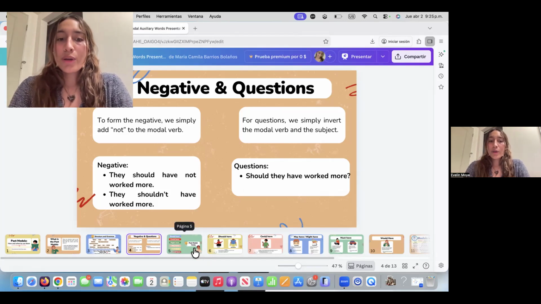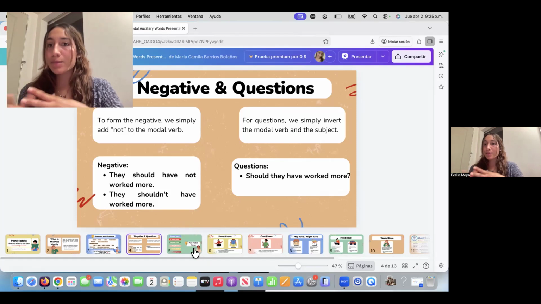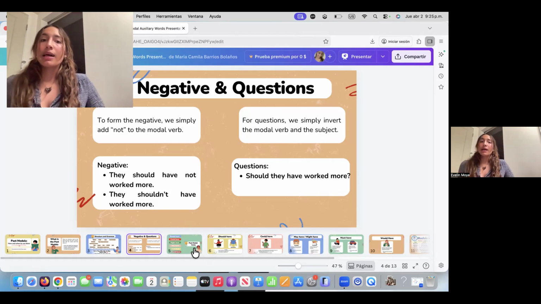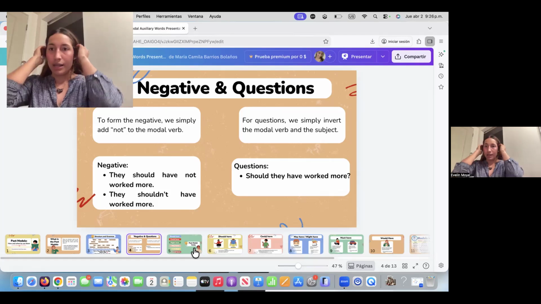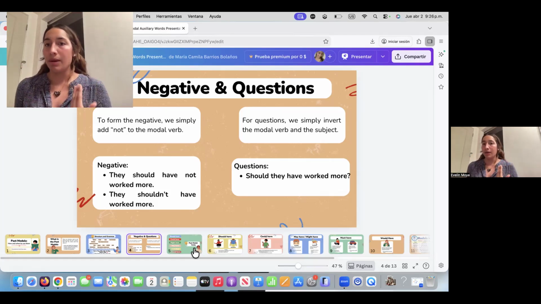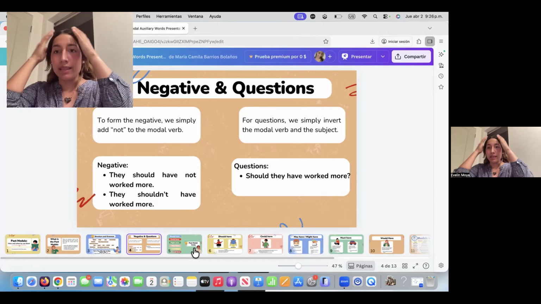So now we're going to see the different kinds of past modals, because the past modal allows us to express different ideas in the past, but with different meanings.